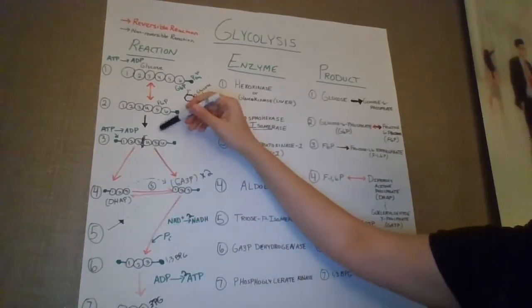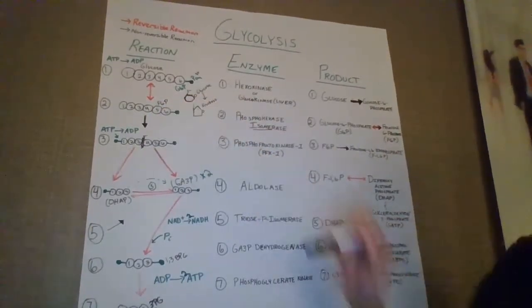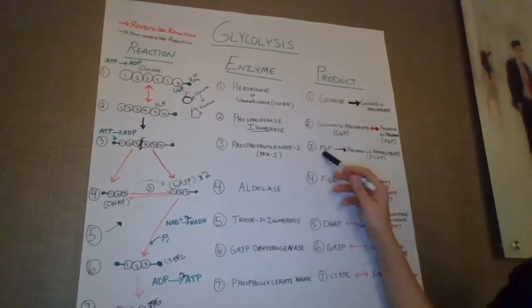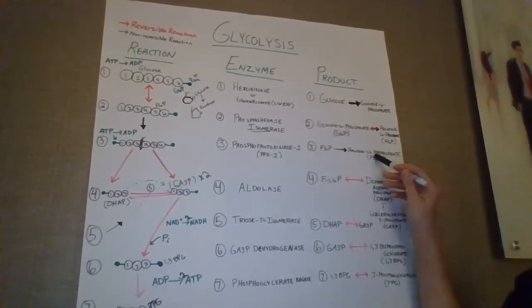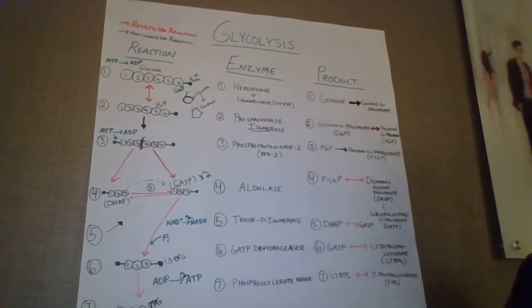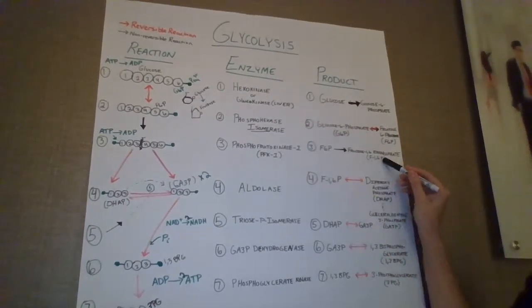If this were a biphosphate, the other phosphate would actually be closer here to this 6-carbon. Okay, but because there's space here, it's called a bisphosphate. So we've taken fructose 6-phosphate and we have now converted it into a fructose 1,6-bisphosphate. Okay, and I've labeled that as a F1,6P.